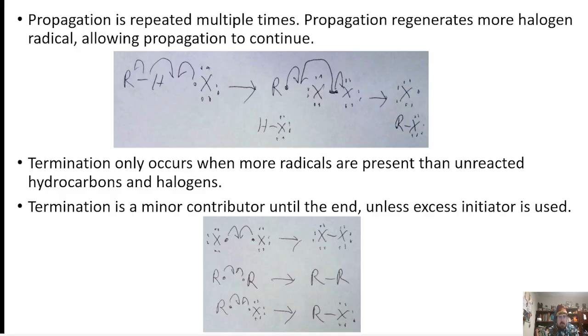Now, termination can occur when more radicals are present than unreacted hydrocarbons and halogens. So termination is a minor contributor during the propagation stage, but near the end, it's going to be what stops the reaction. And unless you use excess initiator, it won't really happen until the very end.